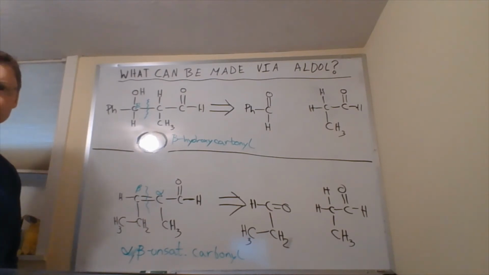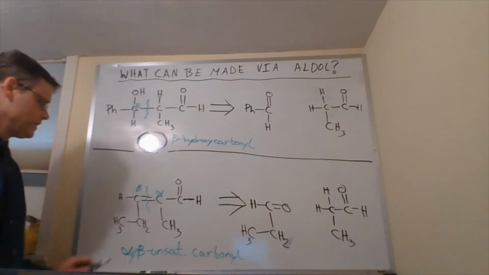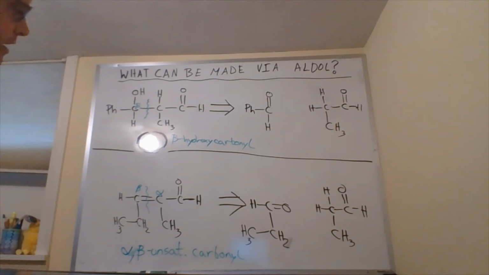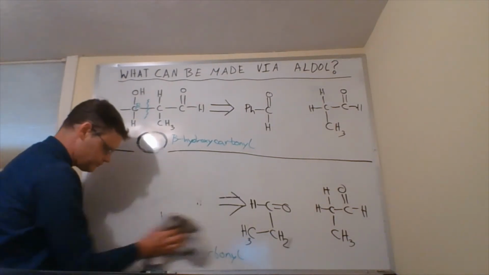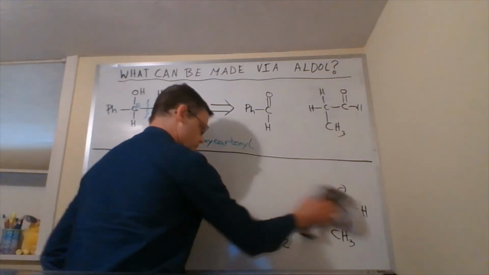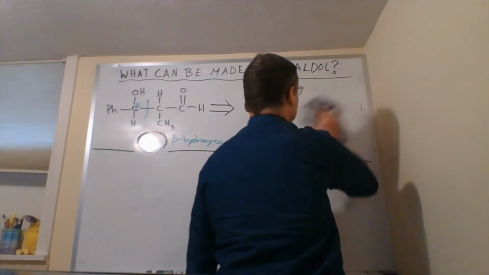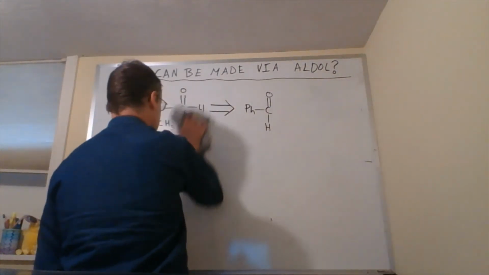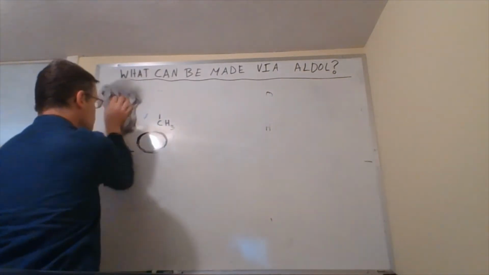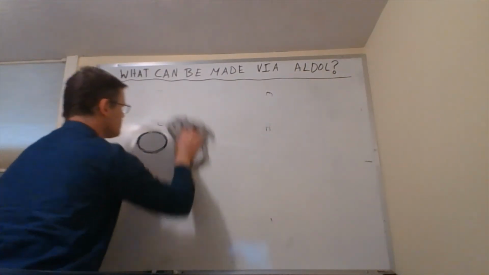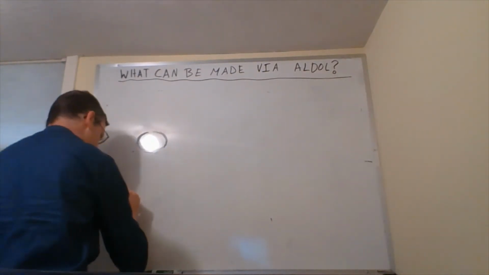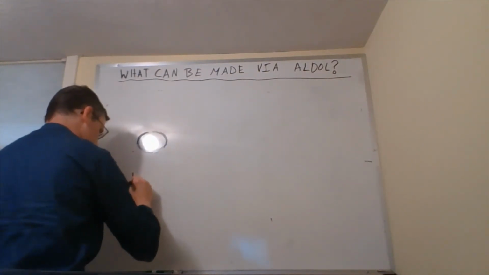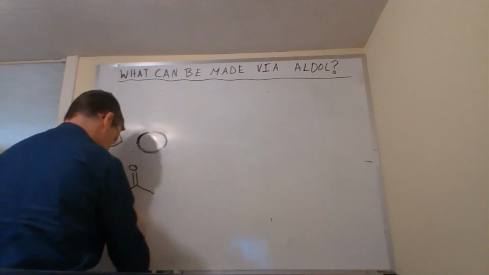Okay, let me give you one more example that could have been made by an aldol cyclization. Okay, so let's say we had this ring.